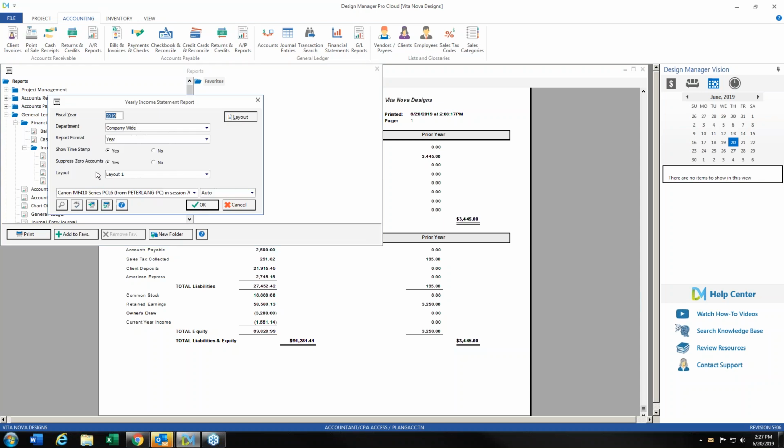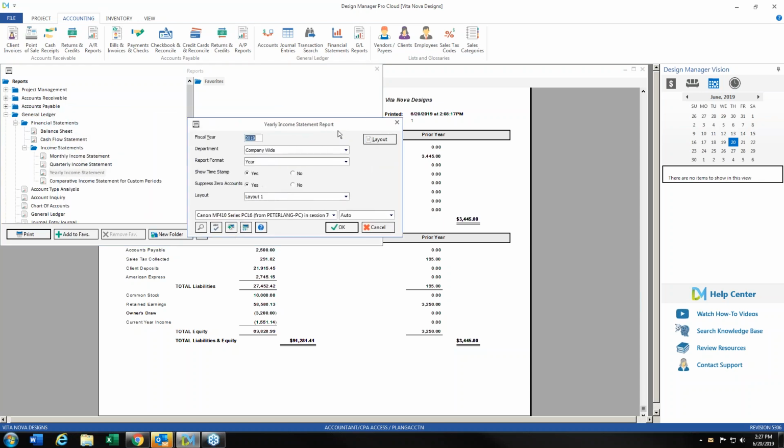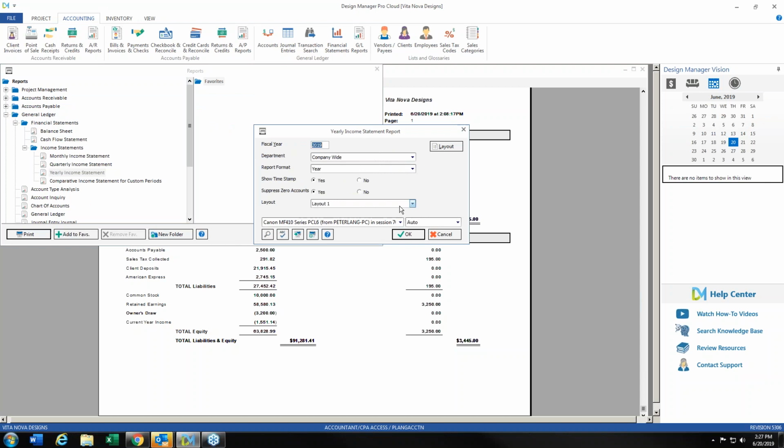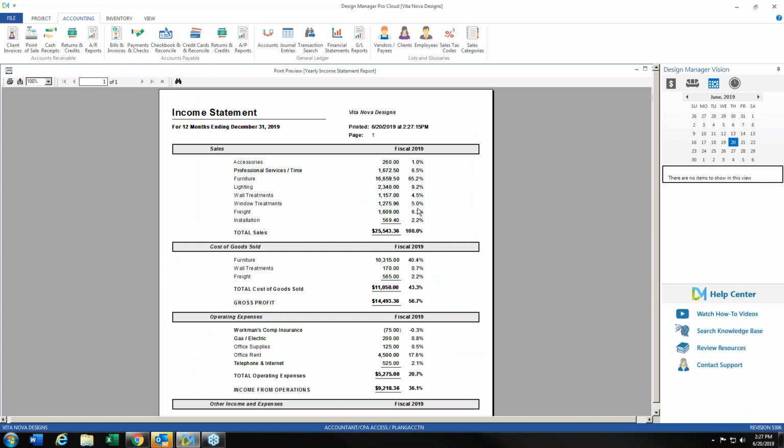So there's no excuse why you shouldn't be looking at this stuff, because Design Manager does an awesome job of giving you the ability to break it down in a custom time period. It's pretty awesome.